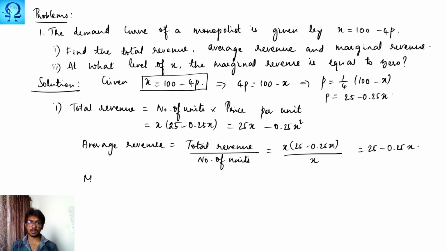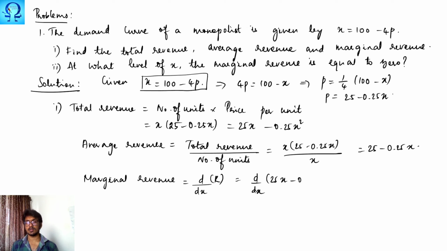Next, we'll have to calculate marginal revenue. So this is the derivative of the revenue with respect to x. That is the derivative of 25x minus 0.25x squared.